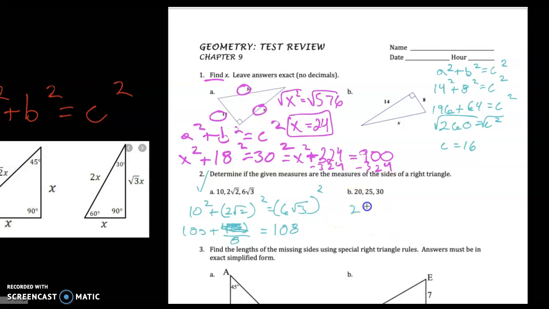And we do the same thing on this side here. 60.